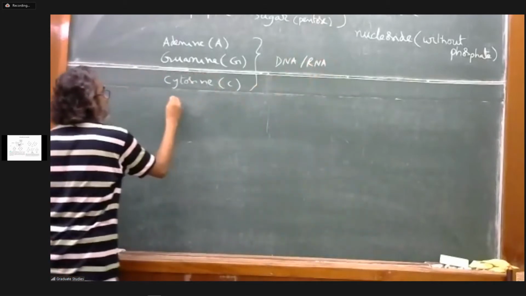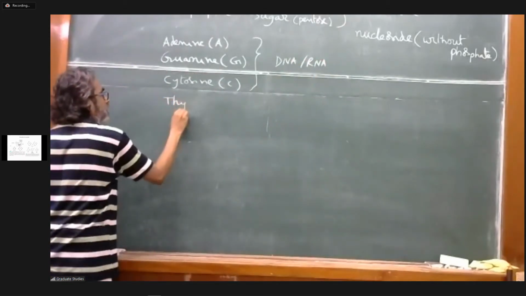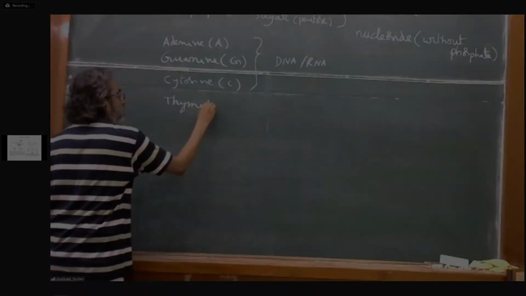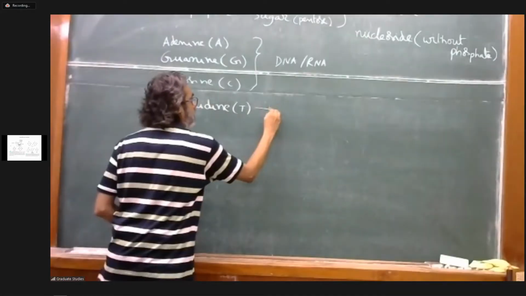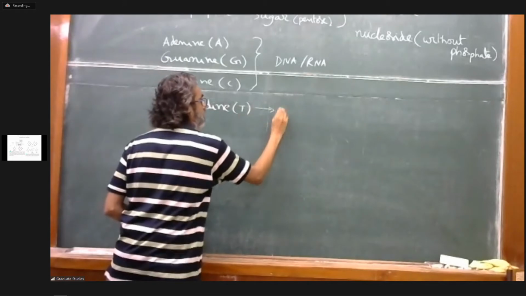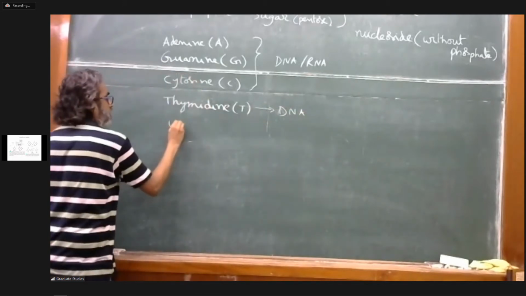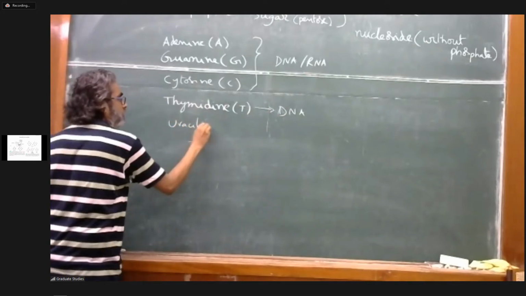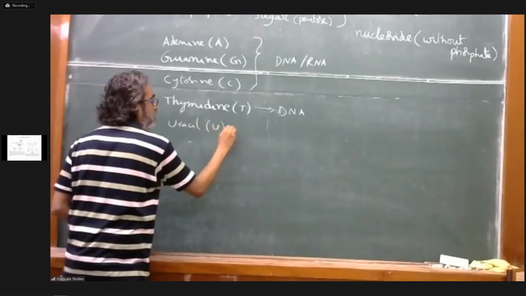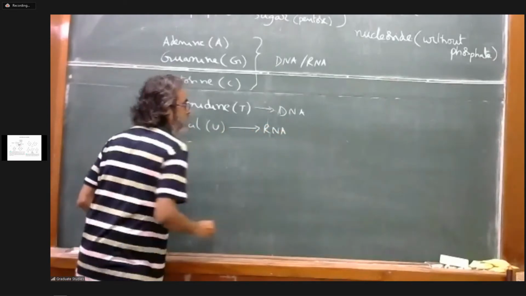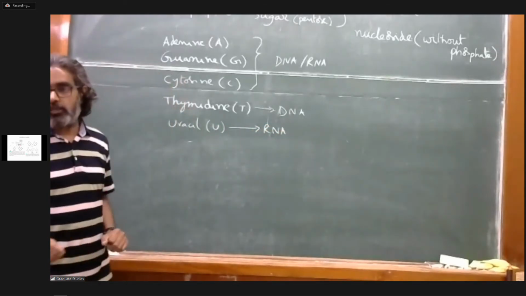So there is a 4th piece, thymine or T for DNA and uracil. Okay, or U, so for RNA. So this is one base which is different between DNA and RNA.